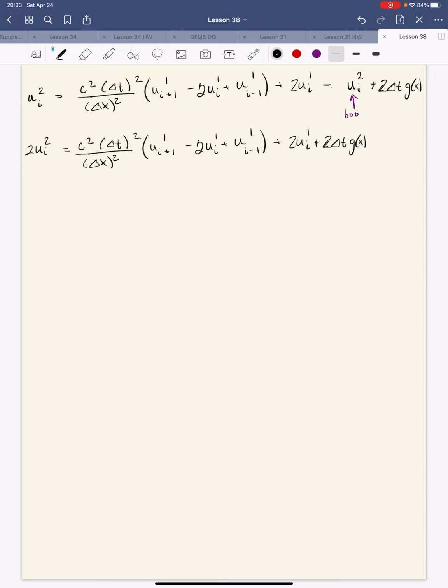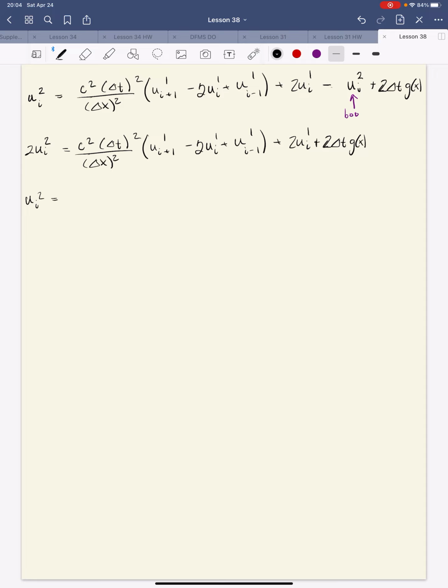All right, and so now the only thing we have left to do is take the 2 in front of u sub i2, the coefficient, and just divide everything by 2. Now, you could put a 1/2 out front of everything, and that's fine. But just to simplify your code in the loop without having a bunch of extra parentheses, which can make it really hard to read, what I like to do is distribute the 1/2 to every term. So u sub i2 is equal to, and we take the 1/2 and multiply it by every term.